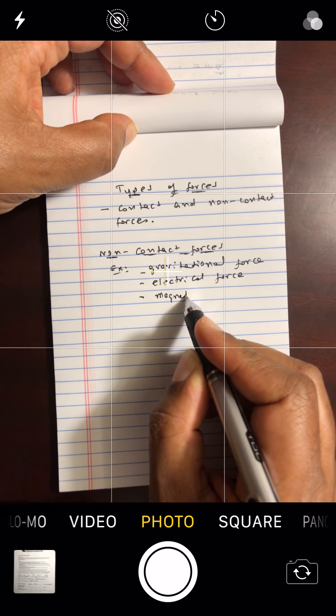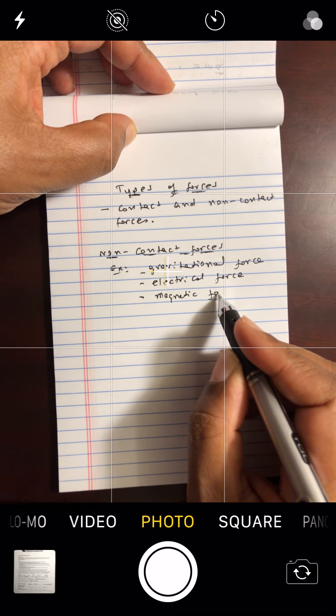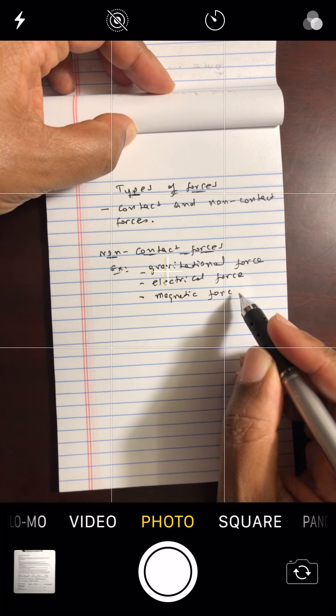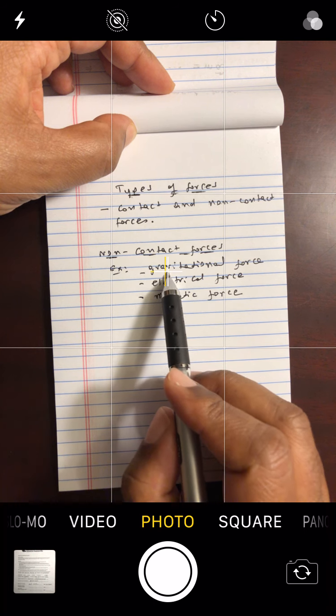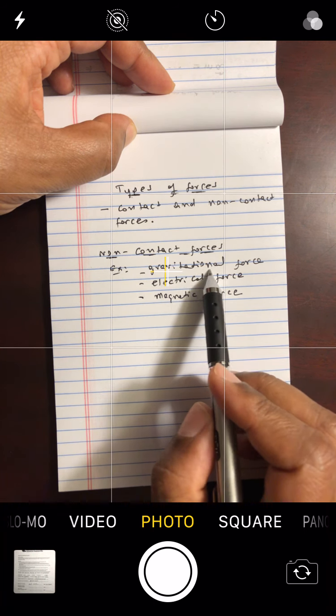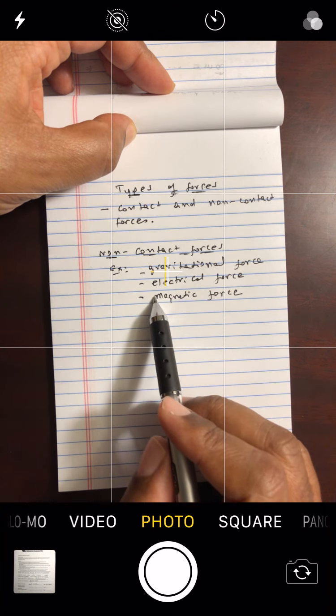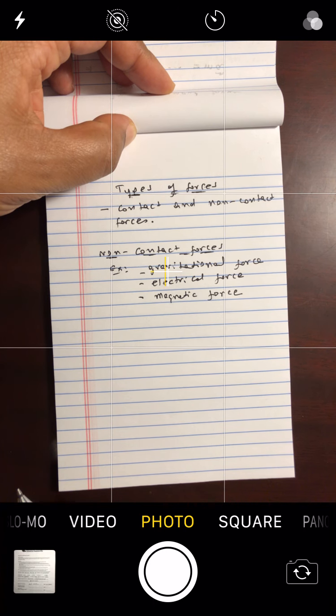A permanent magnet can exert force on a piece of metal without touching the piece of metal. So these are some examples of non-contact forces. Now, in this course, we're going to deal only with the gravitational force. The electrical and magnetic forces are dealt with in the second part of the course. So let's look at gravitational force.